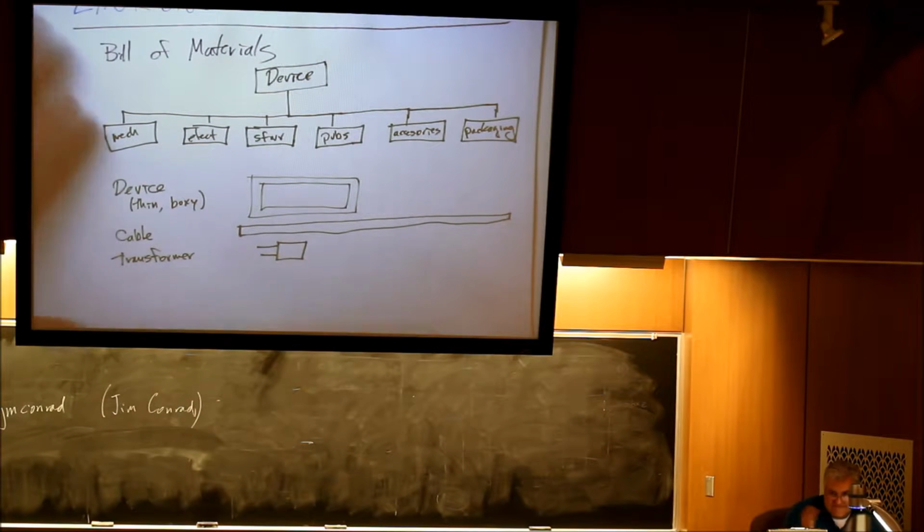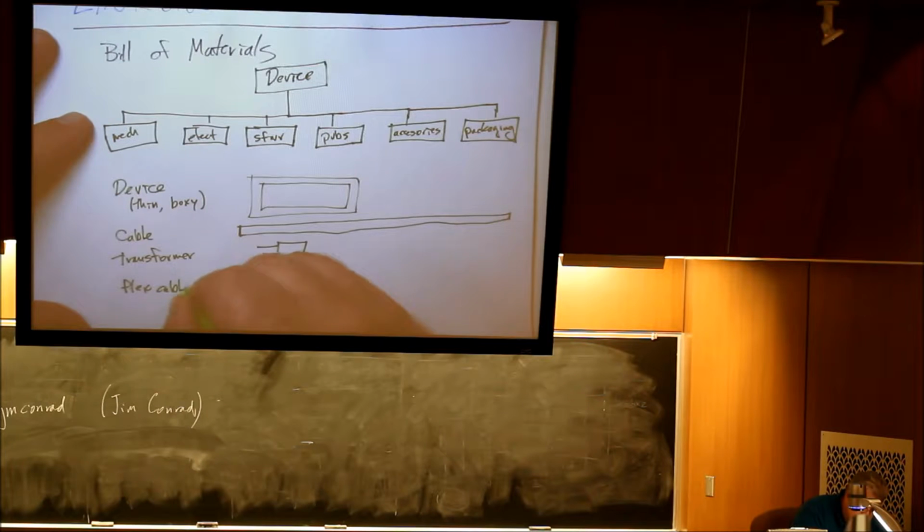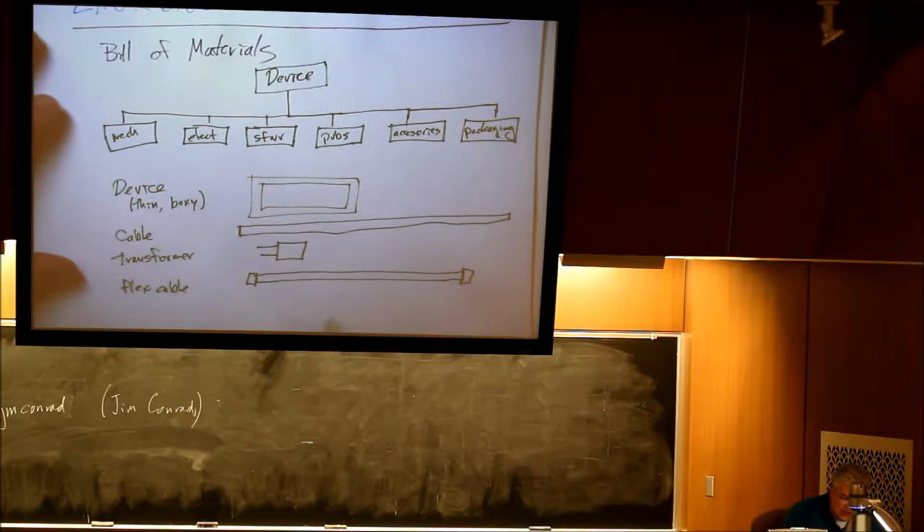Now, in my design, I'll just have this as an example. I'm going to have a flex cable. And so the flex cable, which has a connector at one end and the connector at another end, will go between the device and charger cable.